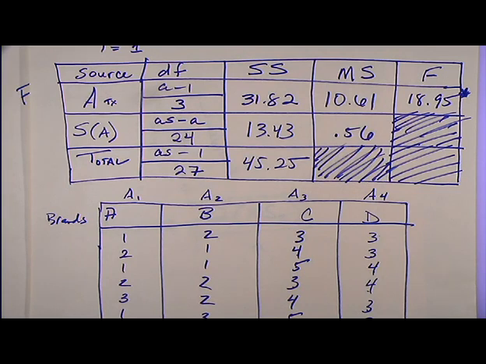And that's what your F value is. If I only had 2 levels instead of 3 or 4, mean square A divided by mean square subjects nested in A, the error term, will exactly equal a t-test. That's why whenever you did a t-test, you got the F source table as well, even if it was only 2 levels.